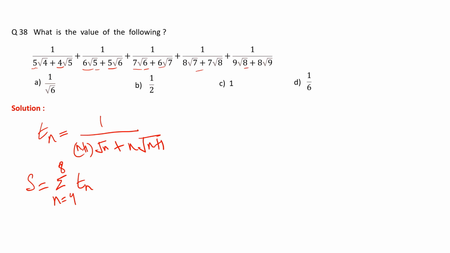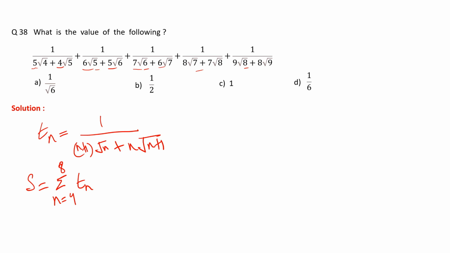Now this will make the calculations easier, because a question may come when there are 1000 terms like this, and if you keep on rationalizing all the terms, it becomes almost impossible to solve such a question. So that's why I'm telling you a short technique through which you can even calculate the sum of a sequence like this, where you are having many terms.